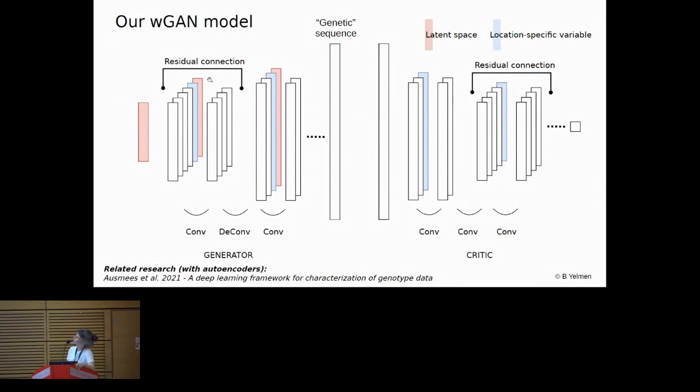The latent space is in red, and so you can see that it's not only at the beginning, but at different layers, and that allows a more hierarchical learning of the latent space representation. But importantly, you have these blue vectors that are called location-specific vectors, and this idea came from a paper where they did that for an autoencoder.